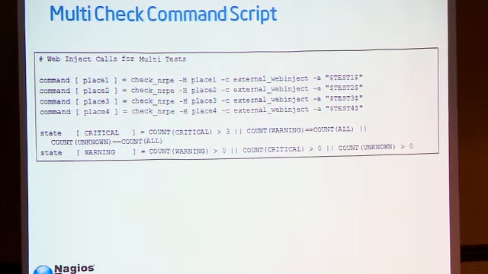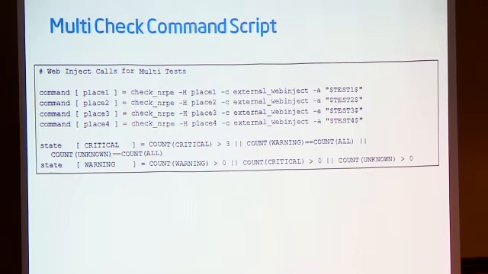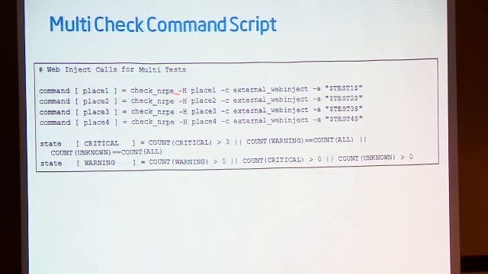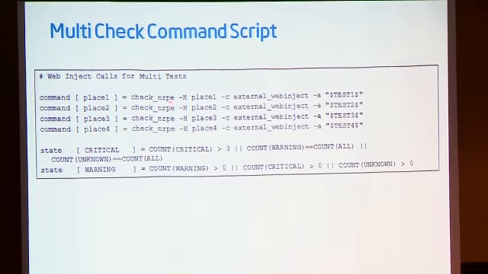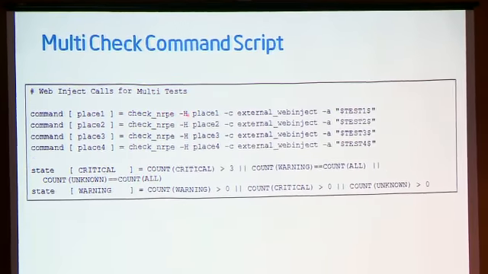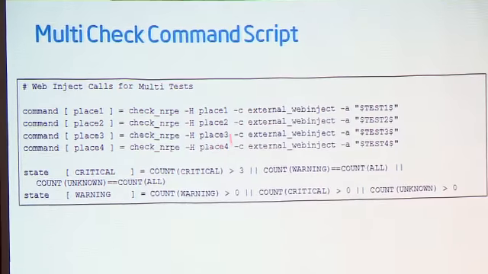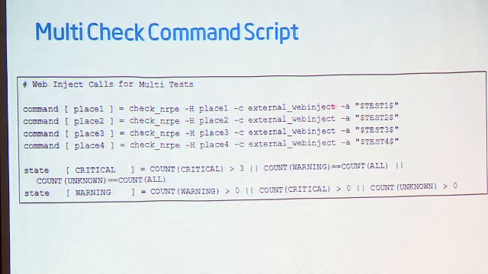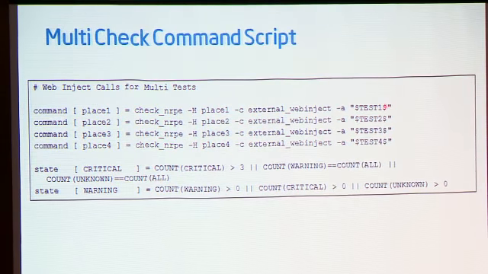This is the command script that you have on the central dashboard, the central Nagios, where we are just setting the command. What we are using is check NRPE, with a different host for each command, the same NRPE command, and the arguments for this command.